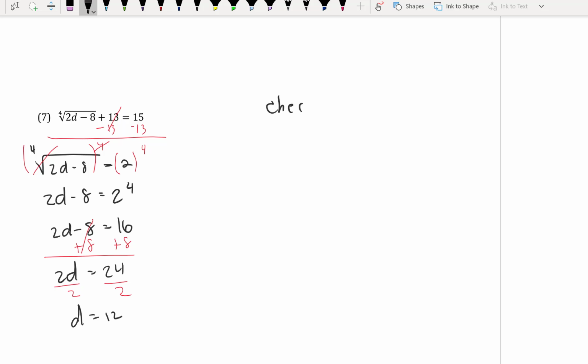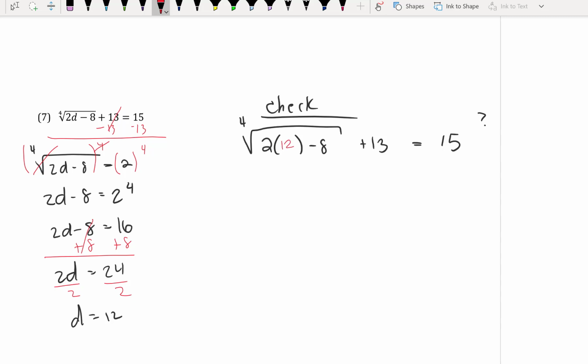And of course I want to check my solution. So I have 2 parentheses d minus 8 all inside my fourth root plus 13. Does that equal a positive 15? And remember, I am plugging in a 12. Well, 2 times 12 minus 8 is going to give me a 16.